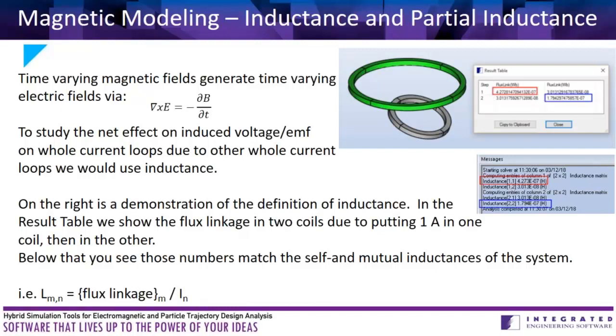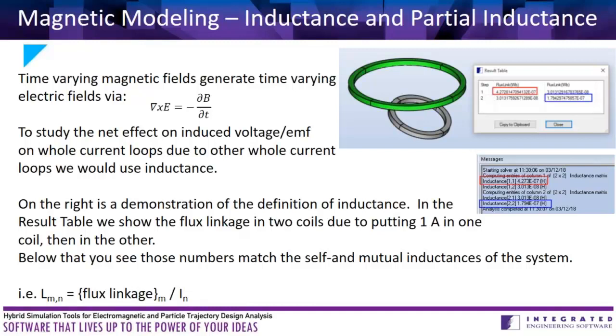So in the case of an inductor that you would use in a circuit, that's one coil. There only is L11, so we don't bother saying 1,1. We usually just call it the inductance. There only is one coil. But in general, inductance is a matrix. Every potential current path has some inductance between every other potential current path.